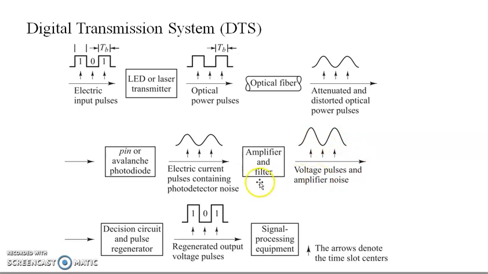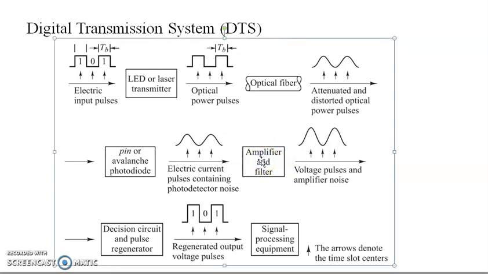After that we have a low pass filter, which is applied to identify the noise present and remove it. This filter defines the receiver bandwidth, so any signal beyond that limit can be removed. That's why we can remove the noise there.